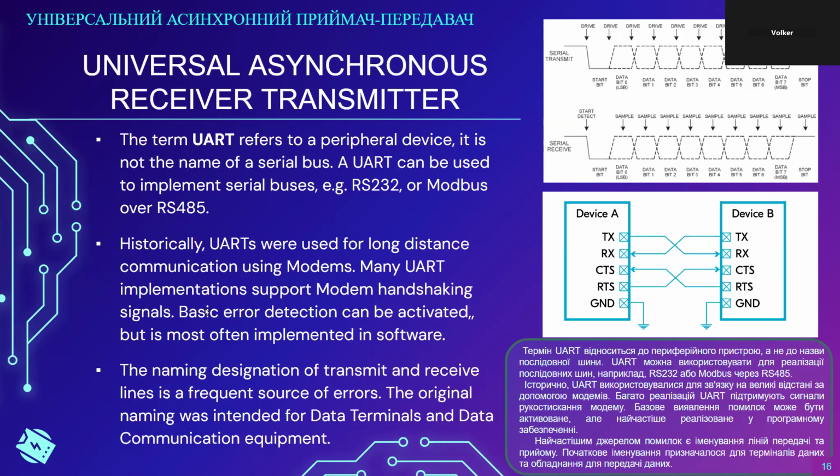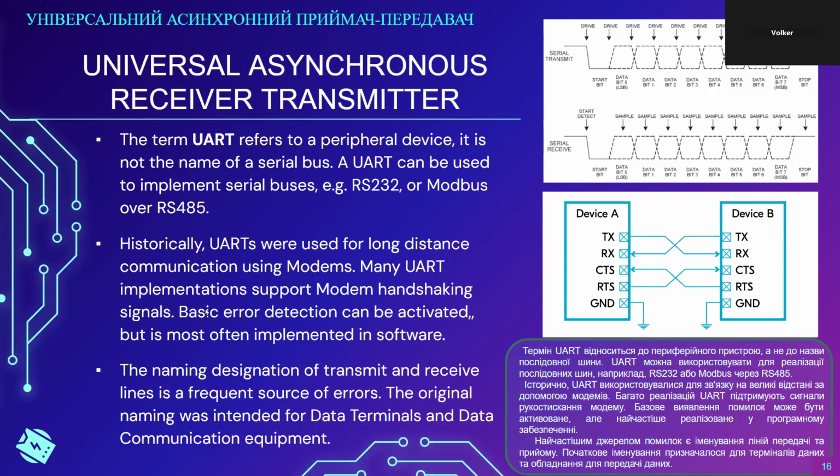So any microcontroller with more than 20 pins, at a price of more than 50 cents or $1, will have a UART peripheral inside. A UART can be used to implement, I should have said here, asynchronous serial buses. RS-232, Modbus over RS-485. There's a number of industrial buses.